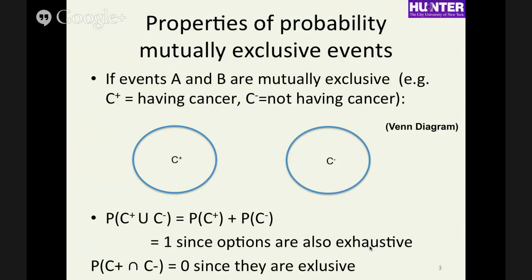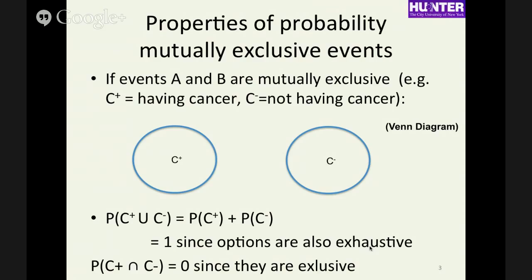And as you probably could, if you thought about it, imagine without looking at the equation, the probability then of one or the other of these, of cancer or not cancer, is equal to the sum of those two probabilities. And if they're exhaustive, such as in this case, then that sum is 1.